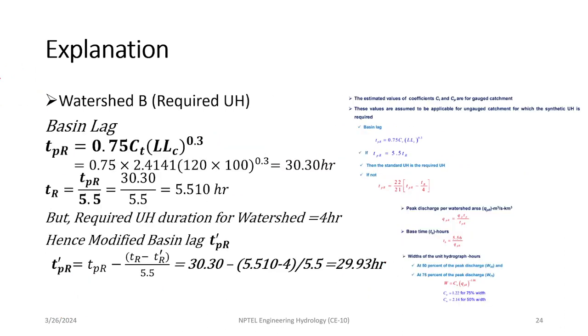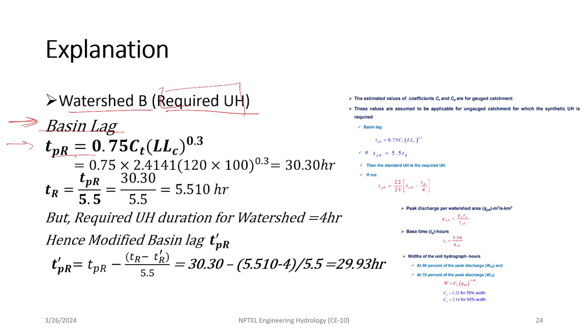So now we are at watershed B, where we need to compute the required unit hydrograph, right? Now the first thing here is related to basin lag. How can we compute the basin lag for the required unit hydrograph? This formula is not new.